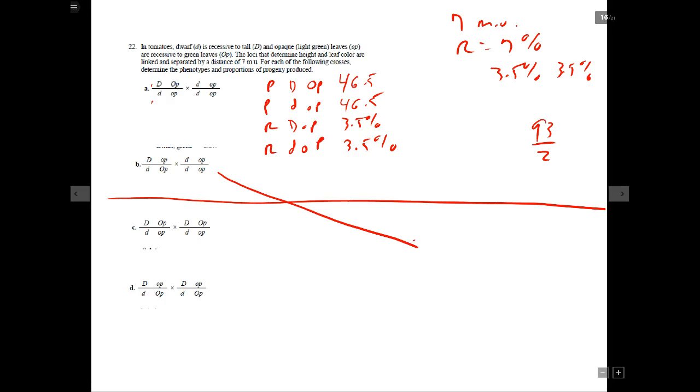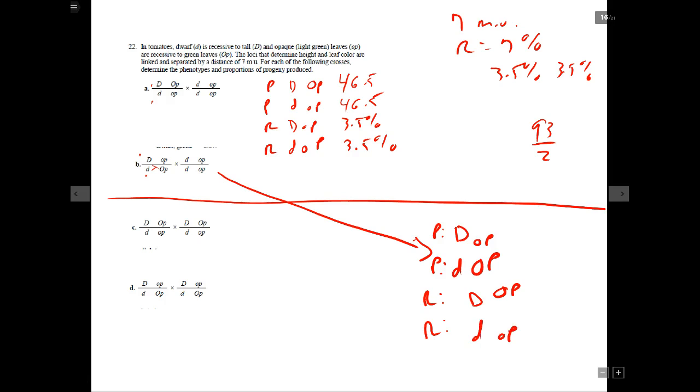Now for this guy, we've got big D, little op, little d, big op. Those are our parentals because of the way they start out together. Recombinants, if we look at this guy over here, are big D with big op, and little d with little op.